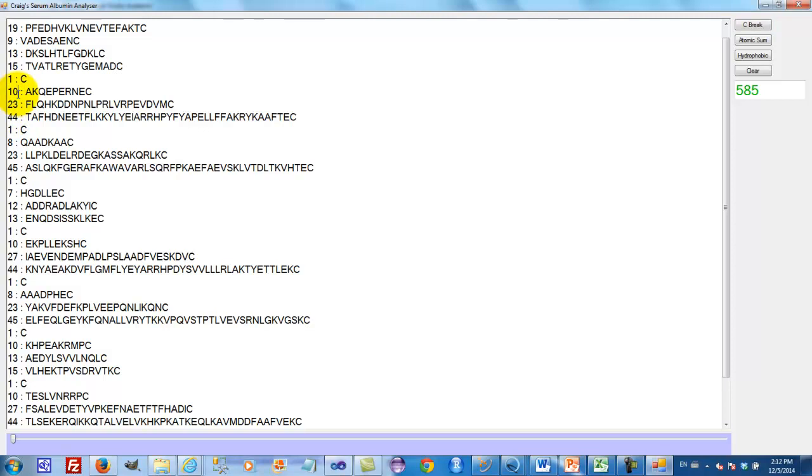Now, if we look at these numbers, for example, 10, 23, 44, then if we go down 1, 2, 3 groups, we see the numbers here are 10, 27, 44, which is quite similar to 10, 23, 44.